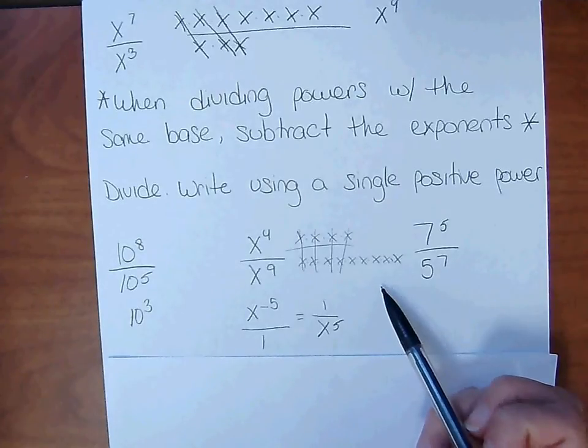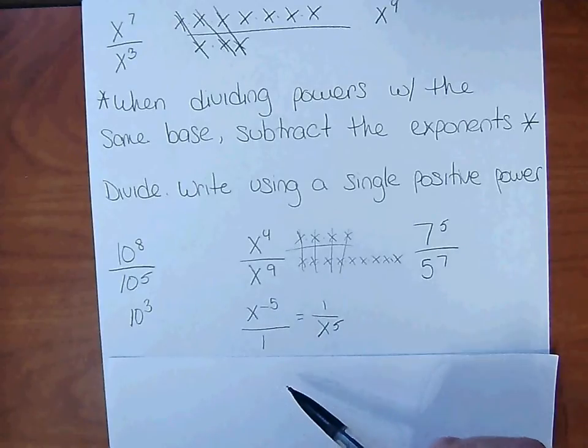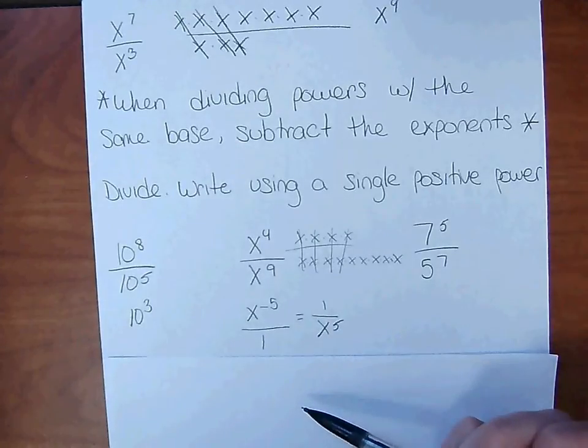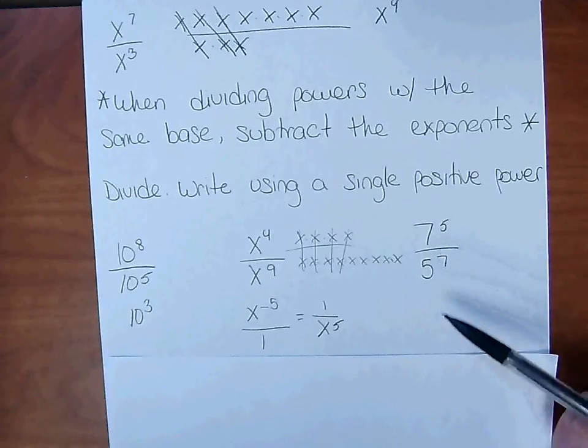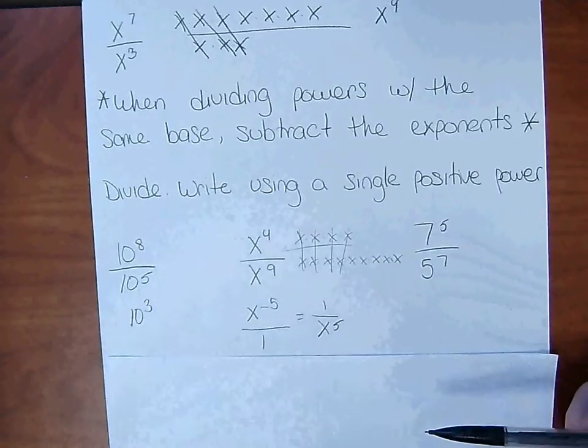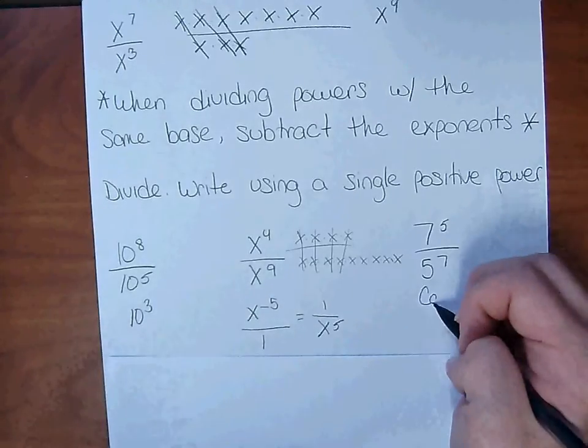And if you remember that there's more x's in the denominator, it'll be 1 over x to the 5th. Whatever you're more comfortable doing. And in our last one, once again, 7 to the 5th over 5 to the 7th, we do not have the same base, so using laws of exponents, we cannot combine.